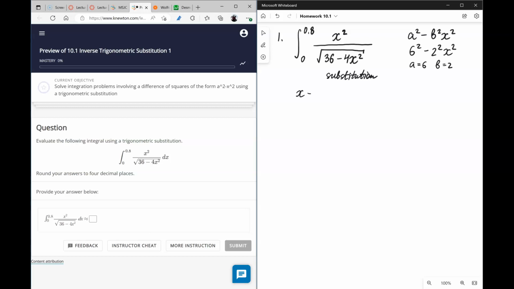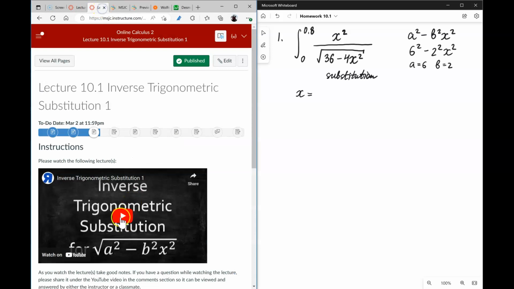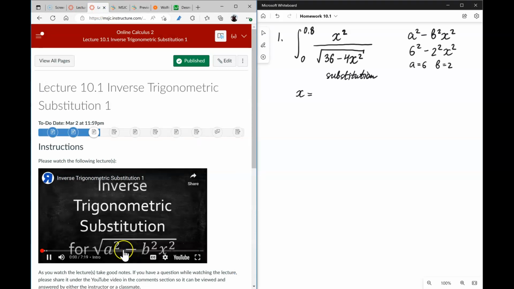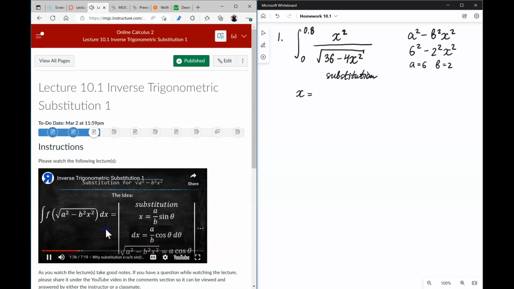x is equal to a over b times sine theta. So a over b is 6 over 2, which means x is 3 sine theta.